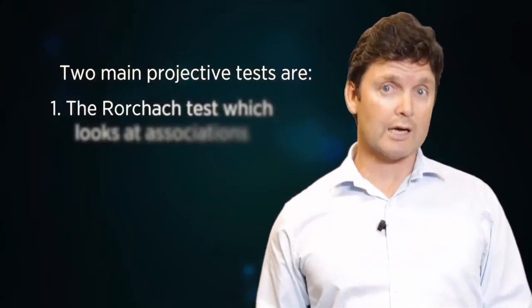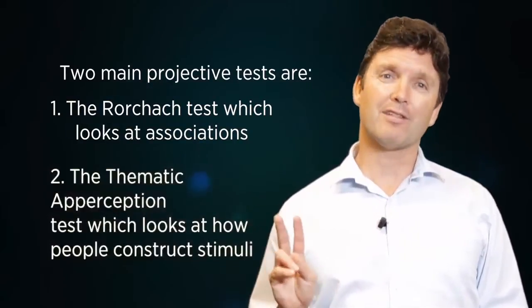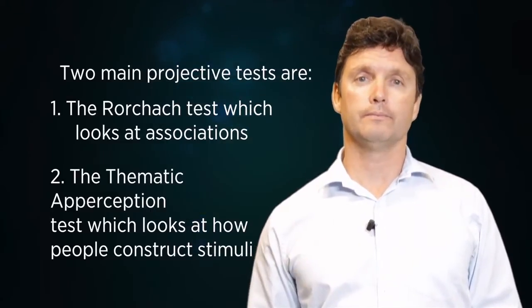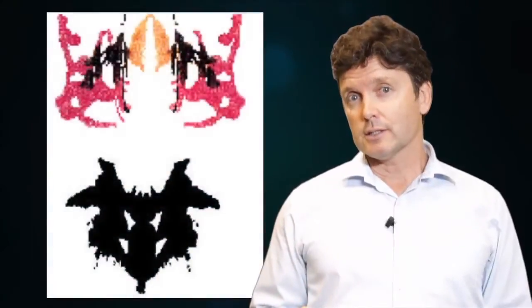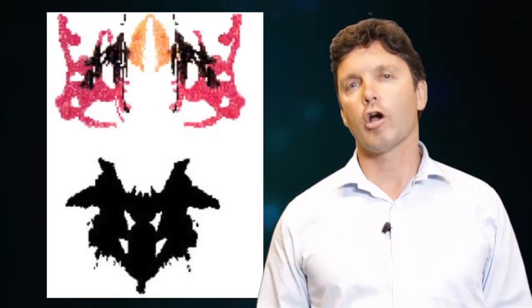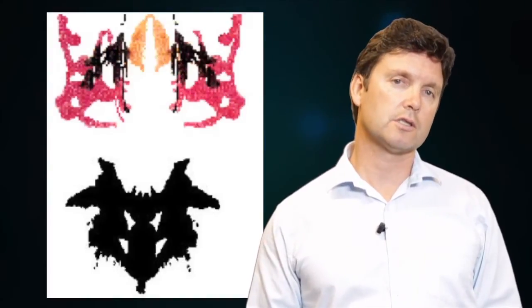The two main projective tests are firstly the Rorschach test, which looks at associations, and the Thematic Apperception Test, which looks at how people construct stimuli. The Rorschach inkblot test was developed by the Swiss psychiatrist Hermann Rorschach, and it has the person view 10 inkblots.